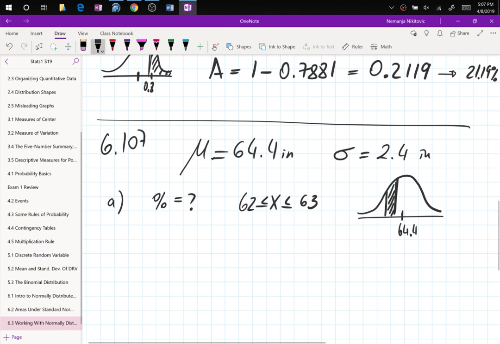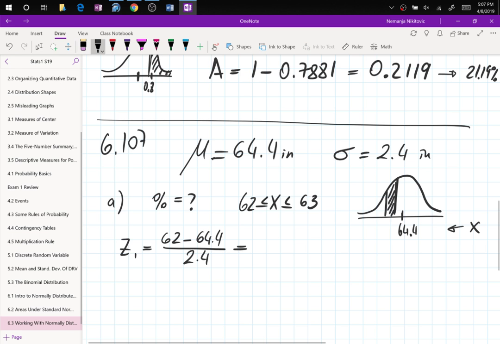Now, these are x values. We know that our z-score chart is for z's. So we have to convert both of these values to z's and then do the magic, right, of area between two curves. So z1 is going to be 62 minus the mean of 64.4 divided by 2.4.